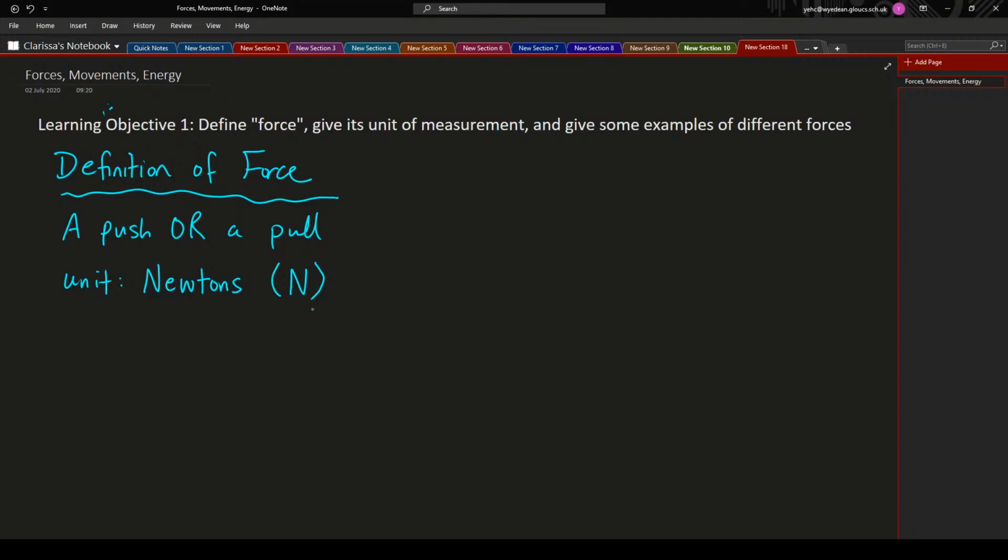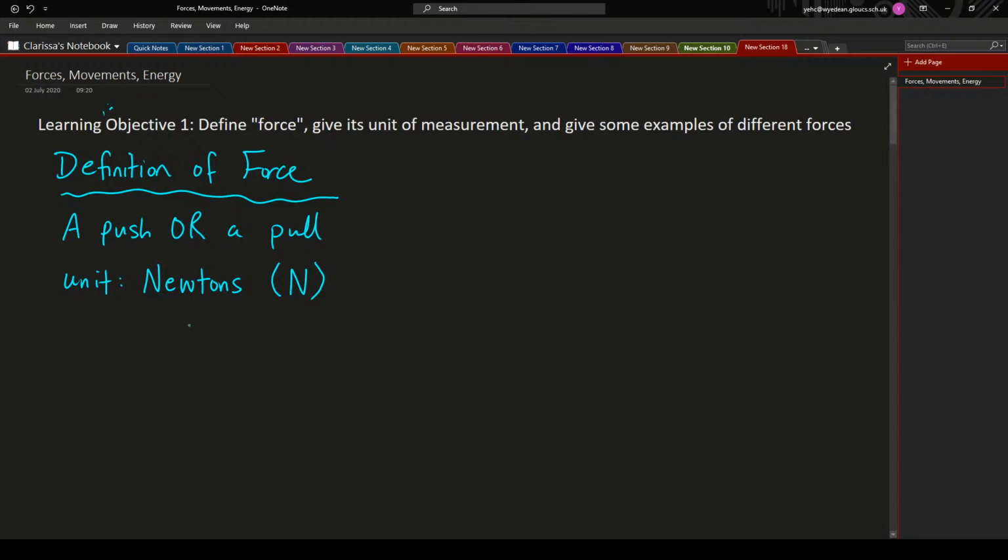Basically, Isaac Newton came up with a lot, and he's done a lot in terms of setting out all of the laws, all the calculations when it comes to calculating for forces. So we've named this unit after him. And forces would then be measured in newtons. Say we push a pen with 10 newtons of force, or pull a table with 20 newtons of force. It is just a standard unit of measurement that we measure forces in.